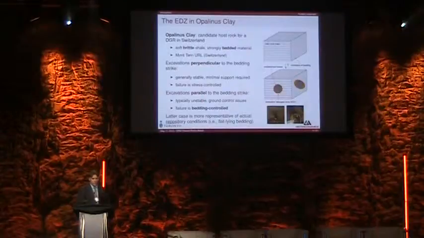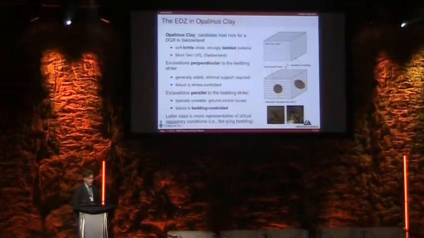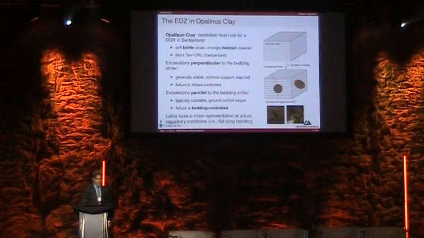It's definitely brittle, so when it fails, it actually fractures. And it is also strongly bedded, so the mechanical characteristics really depend upon the loading orientation. Lots of research is currently going on at the Mont Terri underground laboratory in Switzerland. So the EDZ in Opalinus Clay really depends on the direction of the excavation with respect to bedding.